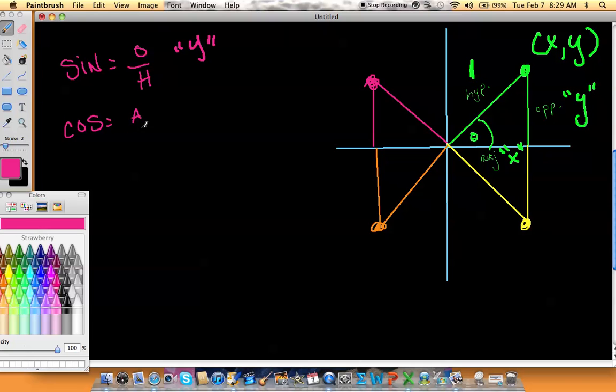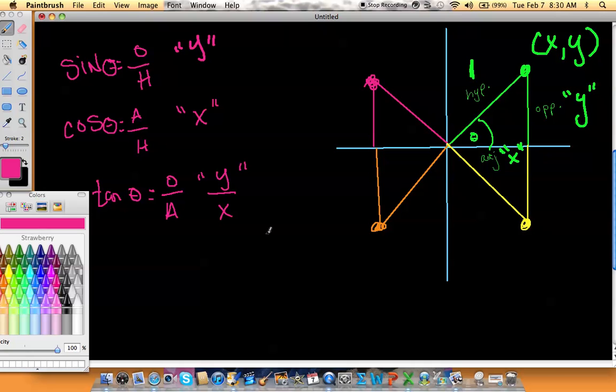The cosine, which is the adjacent over the hypotenuse, is always the x value. And the tangent is the opposite over the adjacent, which is y over x.